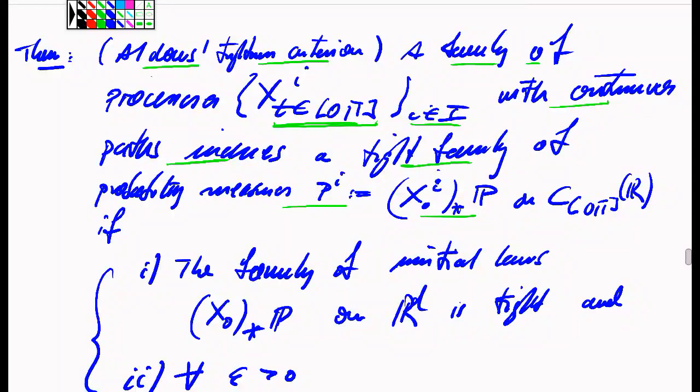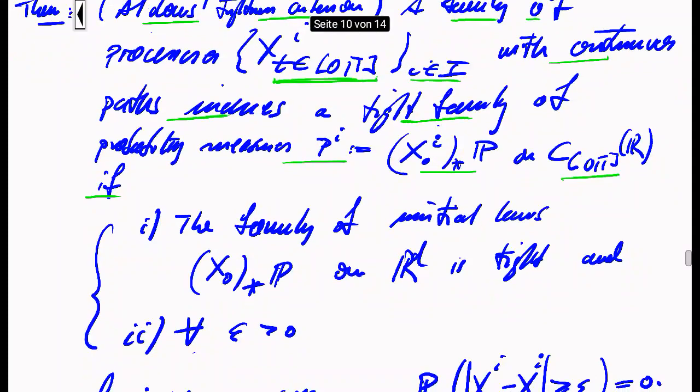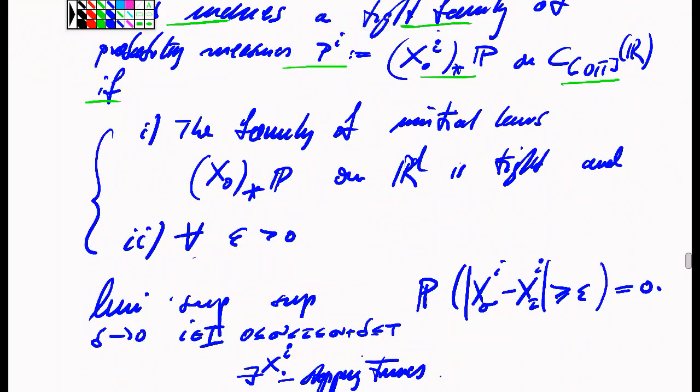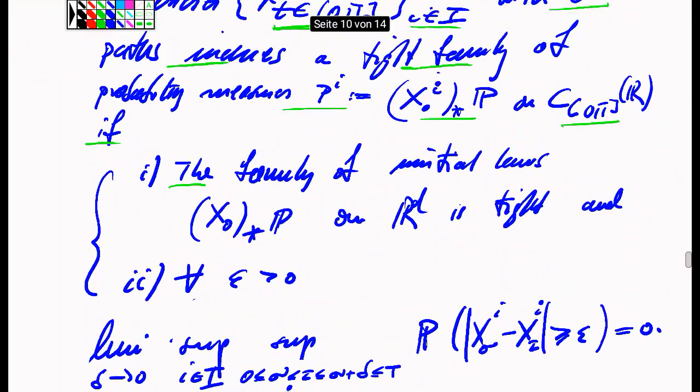So the corresponding laws, which are now probability measures on the set of continuous trajectories, this collection of probability measures on the set of trajectories is tight if the following two conditions are satisfied. First, the corresponding family of initial laws, as a family of probability measures on the d-dimensional Euclidean space, if in fact we talk about a collection of random variables which assume values in the set of continuous paths.